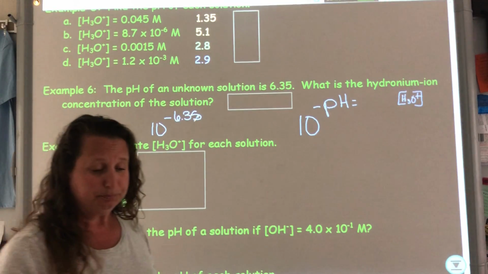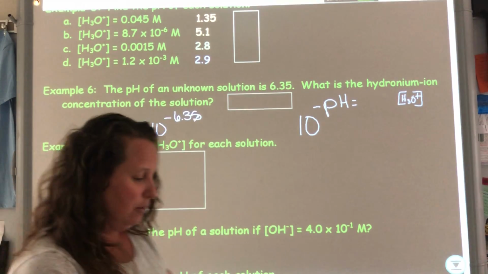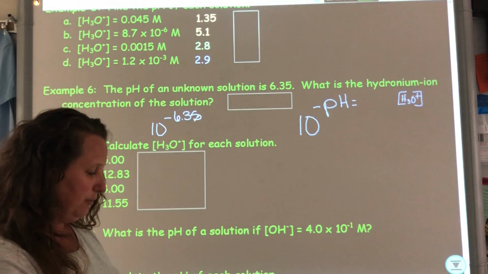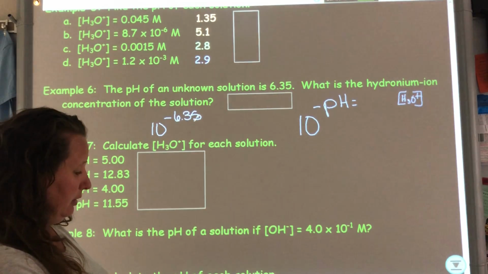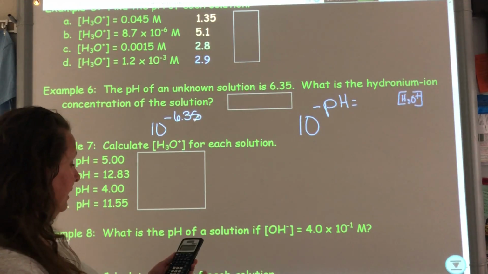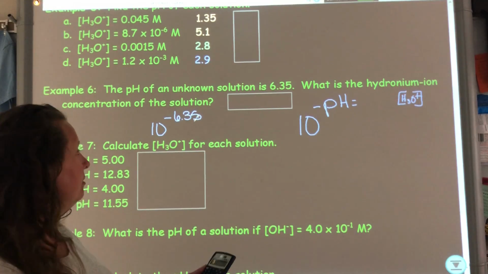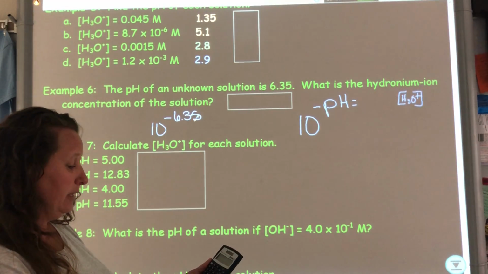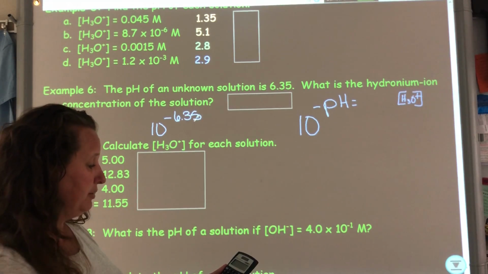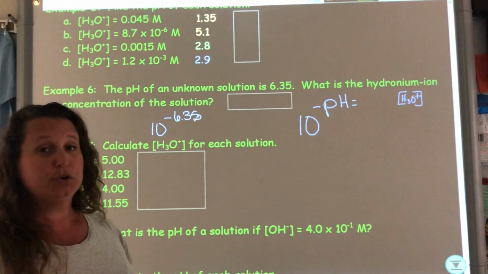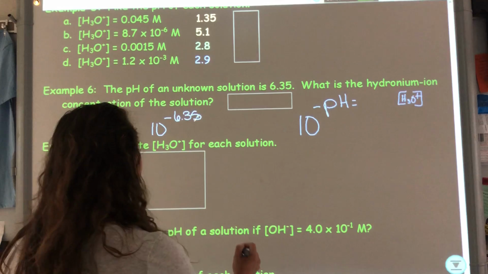and hit enter. Or what we're going to do on the calculator, at least as far as mine is concerned, is I'm going to do my second function, 10 to the x, or 10, and mine has a little caret up there, and then I'm going to enter in negative 6.35 and hit enter, and I have this crazy long number that looks like this.